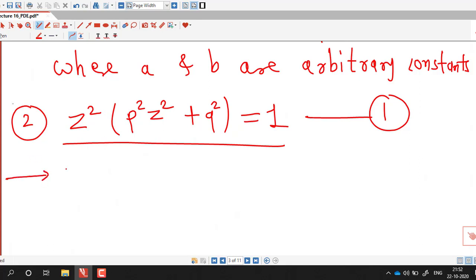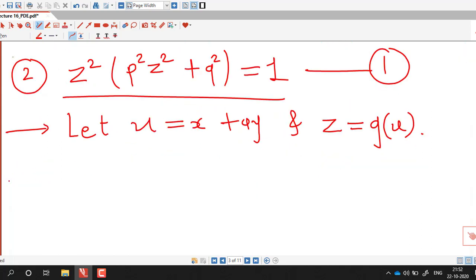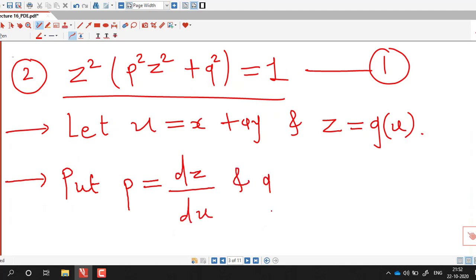So the first step is to define u equal to x plus ay, and suppose z is a function of u, say g of u, and then as we know, now we have to substitute p equal to dz by du and q equal to a into dz by du in 1.